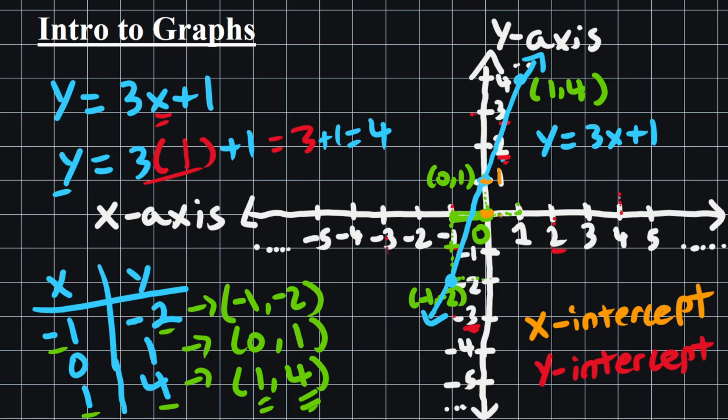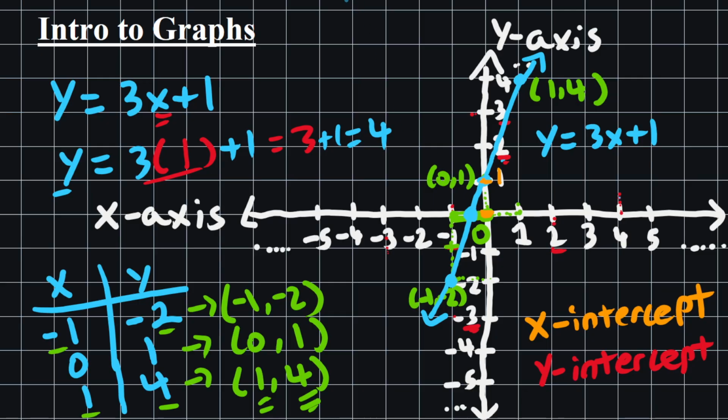On the x-axis, what point does the equation in blue touch? It touches this point right here. And what is that point exactly? It's a little hard to see, but it's a number between 0 and -1.